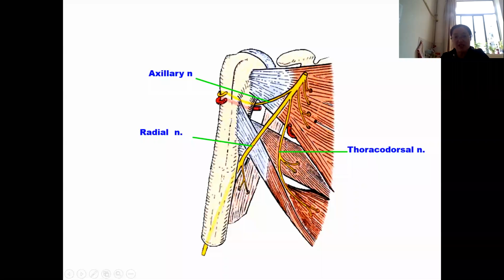So this small region is the quadrilateral space. The posterior circumflex humeral artery and the axillary nerve pass through this space. The major part of the radial nerve goes downward and passes through the radial groove. And the third one, which supplies the latissimus dorsi, is the thoracodorsal nerve.